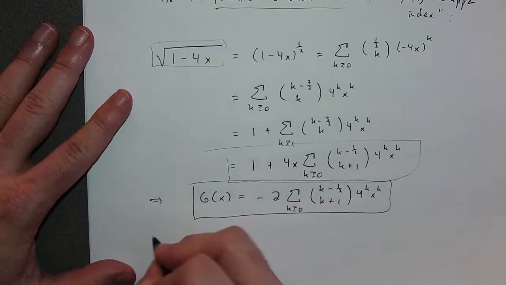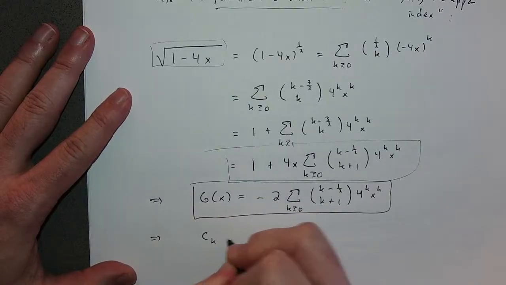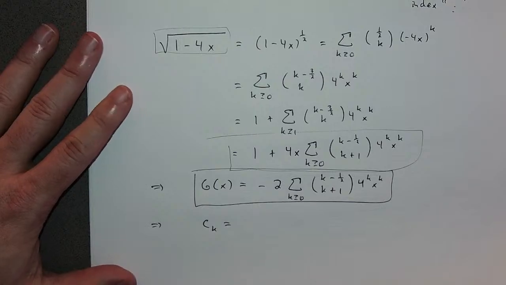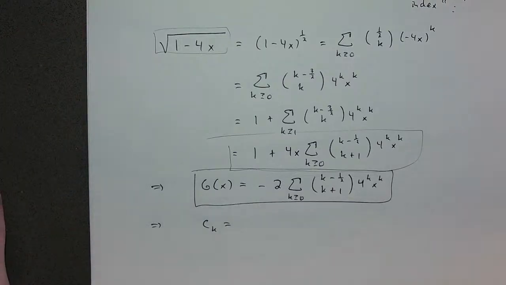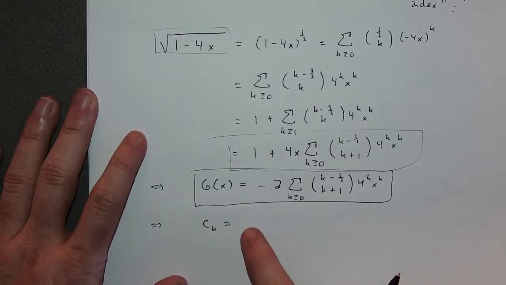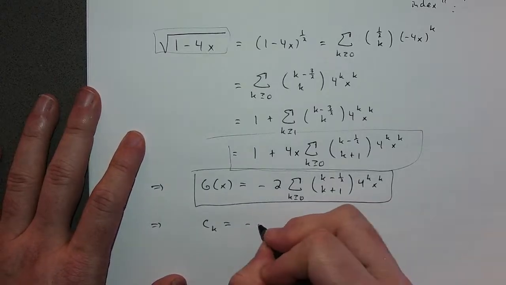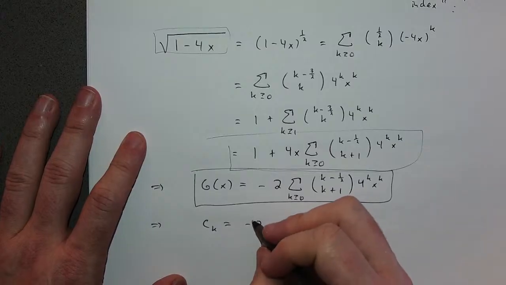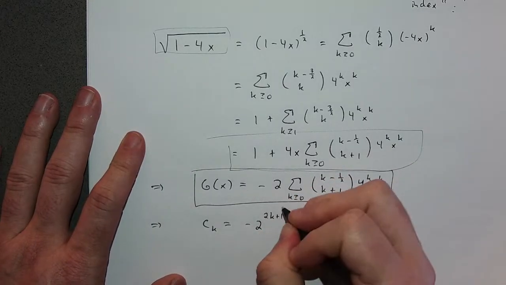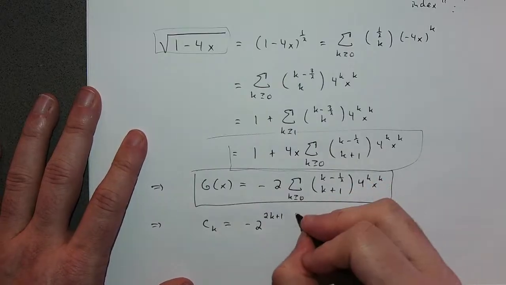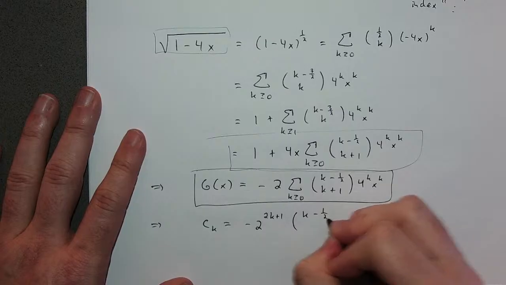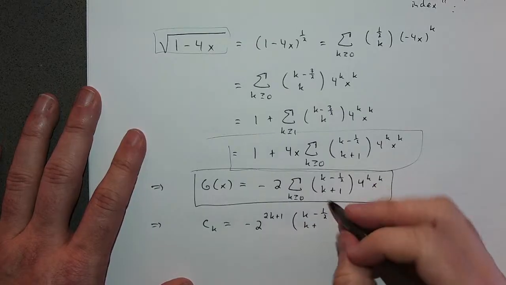Thus, what this means is that I have now found a closed form for my Catalan numbers. They are, in fact, putting all these things together, minus 2 to the 2k plus 1 times (k minus 1/2 choose k plus 1).